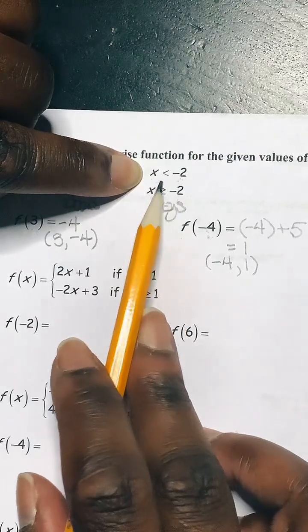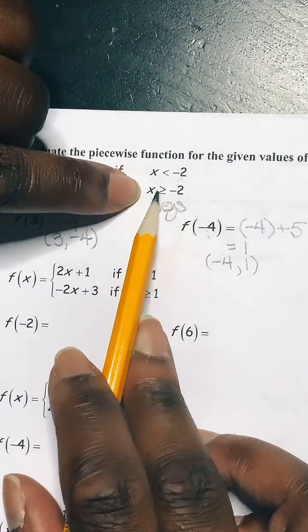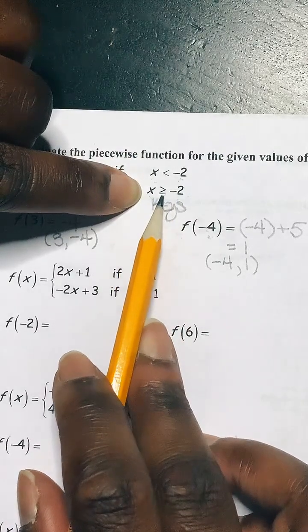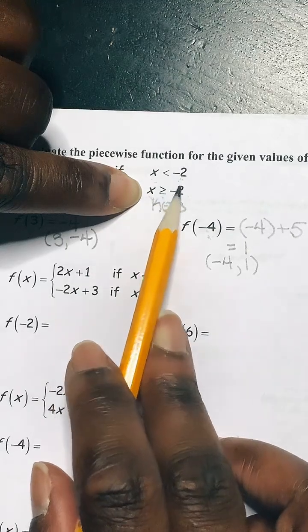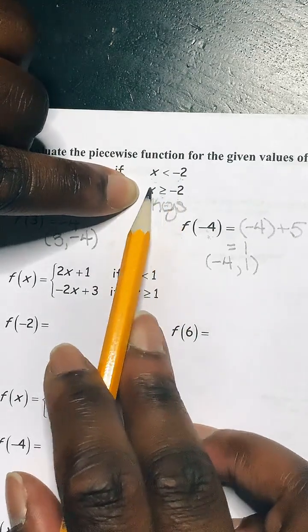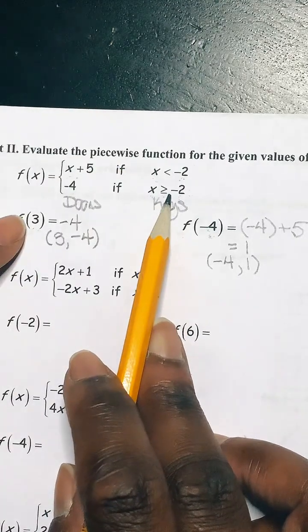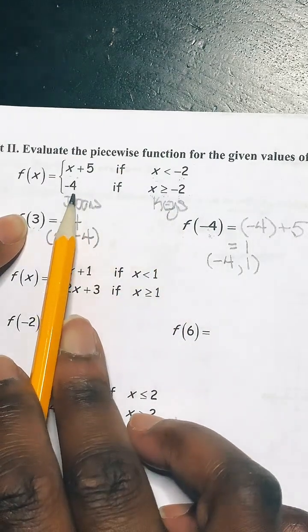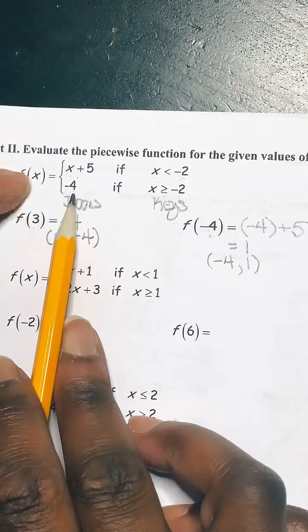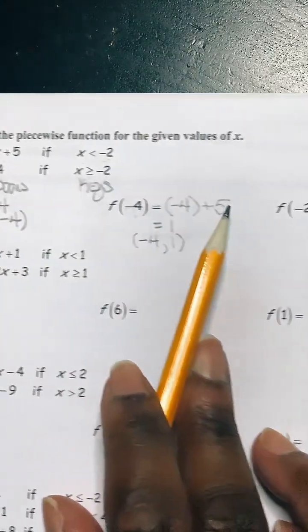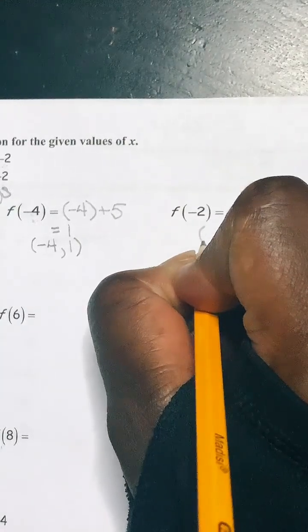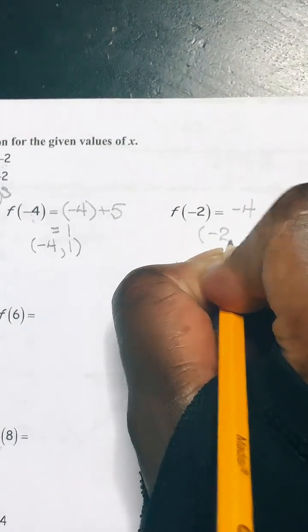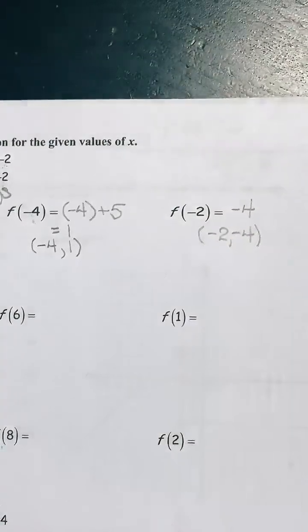No, it can't be less than. It's exactly the same thing. But if you have -2 is greater than or equal to, that means it's going to satisfy this inequality. So this is the key to open this door. So that means my y value for f of -2 is just going to be -4. So the ordered pair that we have is -2, -4.